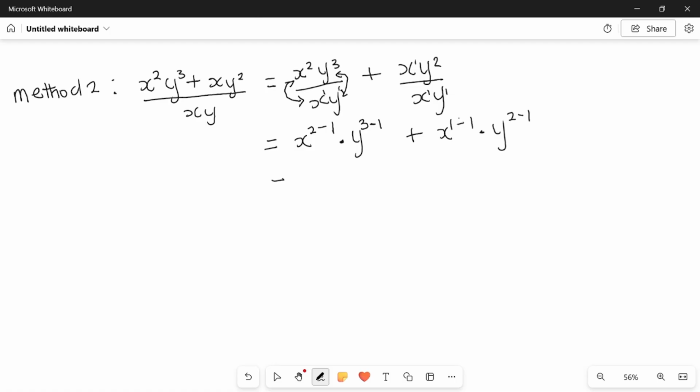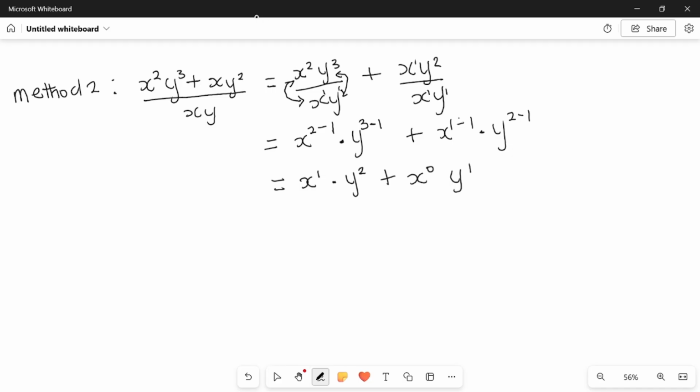So we'll break it down. We now have x raised to the power 2 minus 1, that's 1, times y raised to the power 3 minus 1, that's 2, plus x raised to the power 1 minus 1, that's 0, that's x raised to the power 0, and y, 2 minus 1 is 1, that's y raised to the power 1.